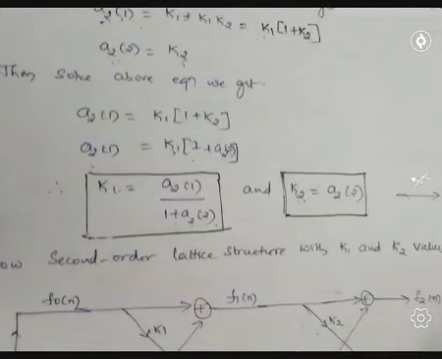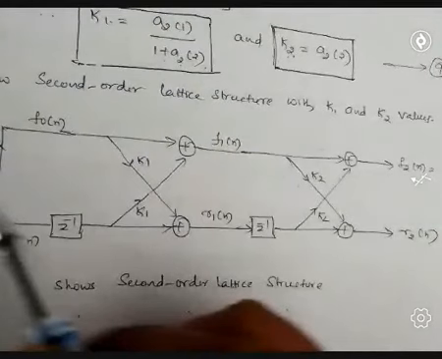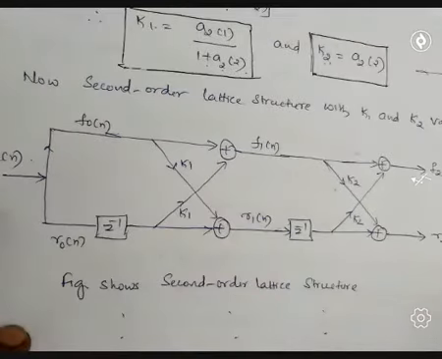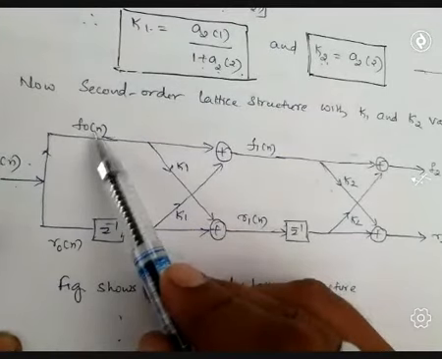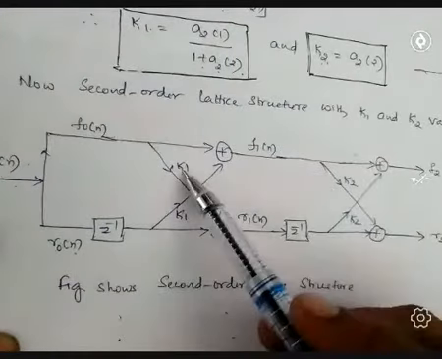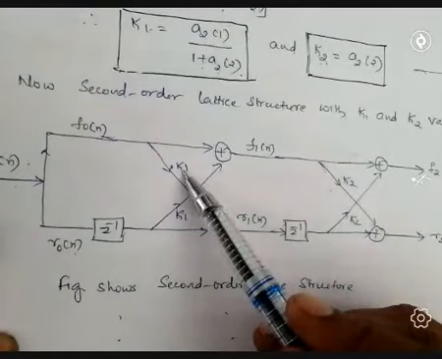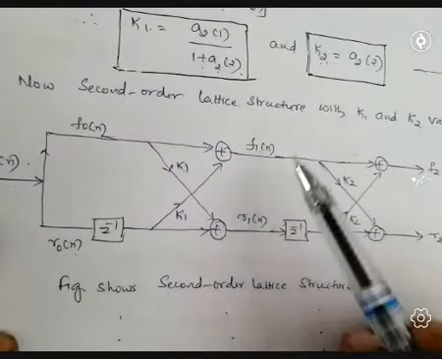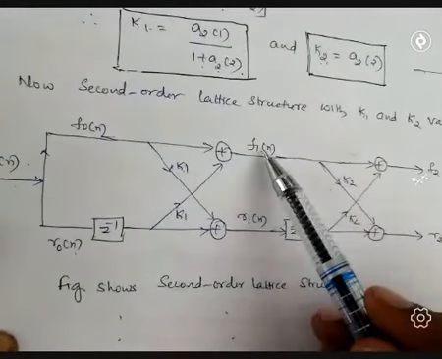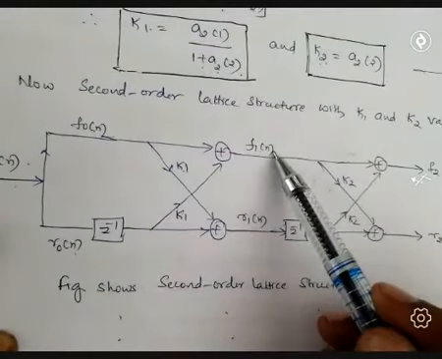Those values we have to substitute in the final second order structure. x of n is the input, that is applied as f naught in the upper channel, f naught of n, and r naught of n. The first order coefficient, let us say k1, and we got the first order output as f1 of n in the upper channel and r1 of n in the lower channel.